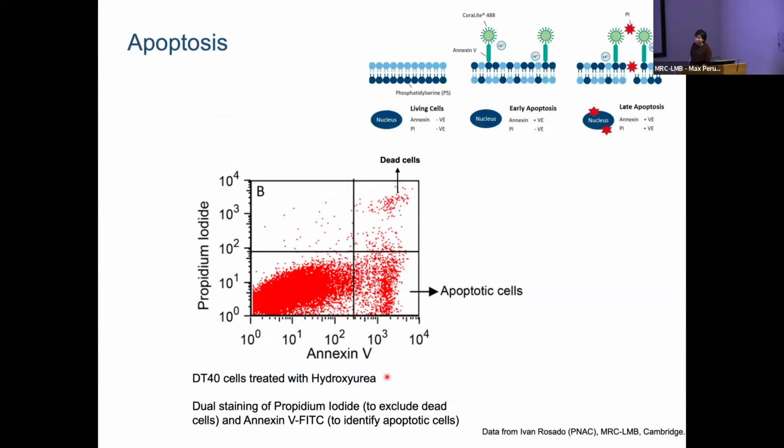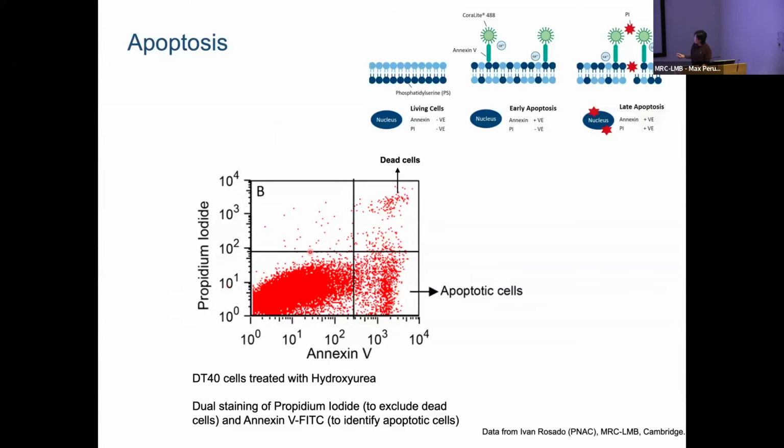We can also look at apoptosis. As you know, when a cell undergoes apoptosis, the protein phosphatidylserine, which exists on the internal side of the cell membrane, flips to the external membrane of the cells. We can detect this by annexin V. We usually combine annexin V with propidium iodide.